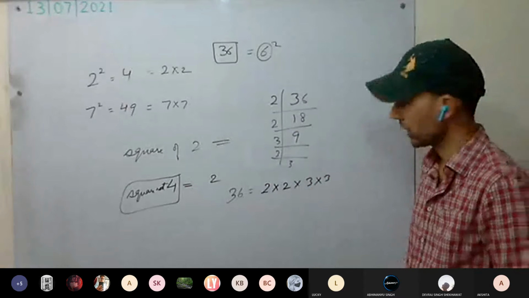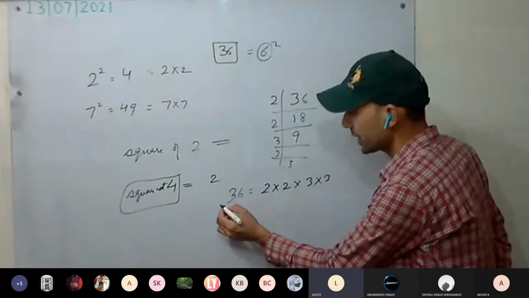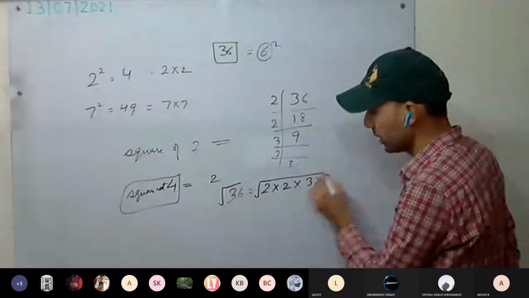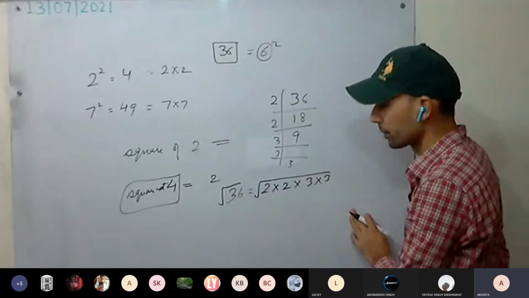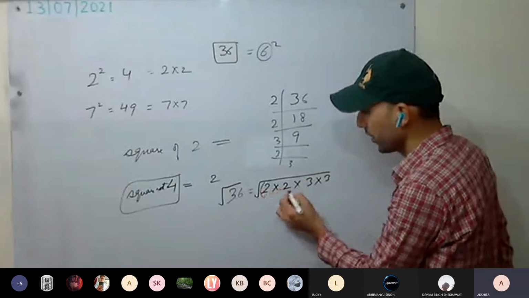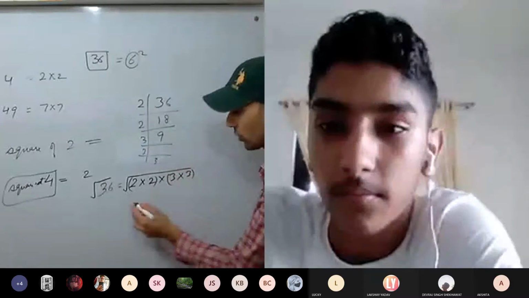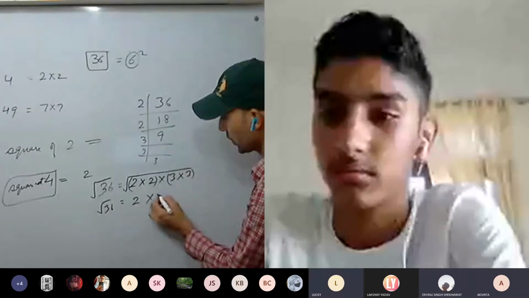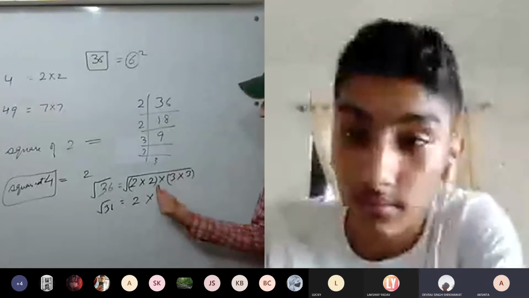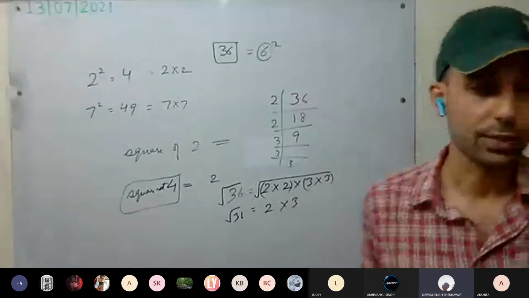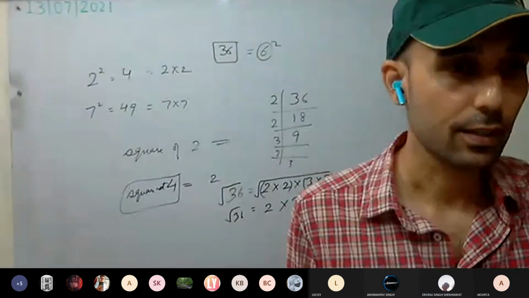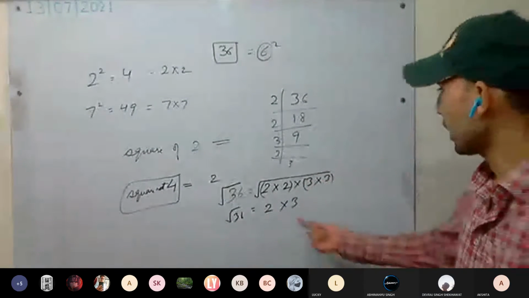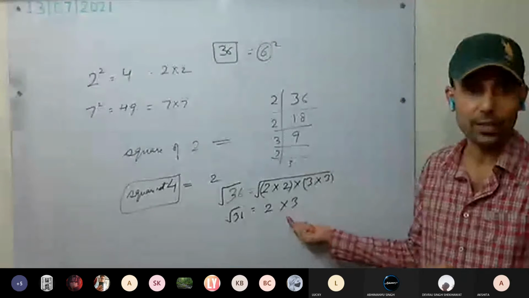This we can write under root. Yes, sir. And from each pair, we take 1 out. So root of 36 equals 2 into 3, which is 6. From each pair, we take 1 out. So you have understood how to take the square root by prime factorization.